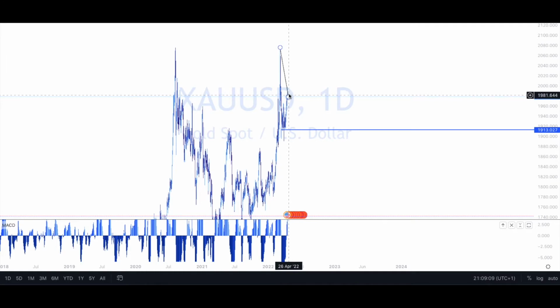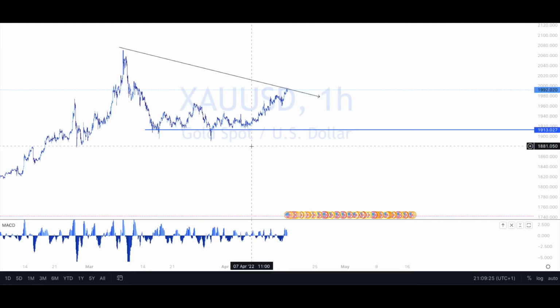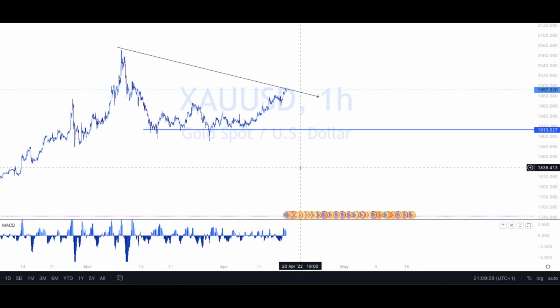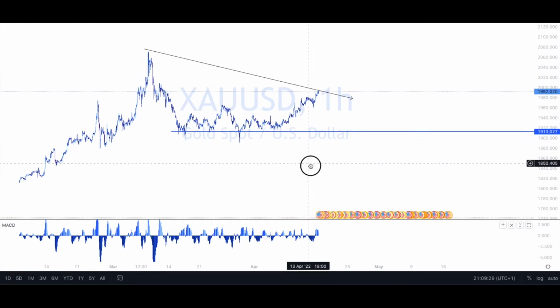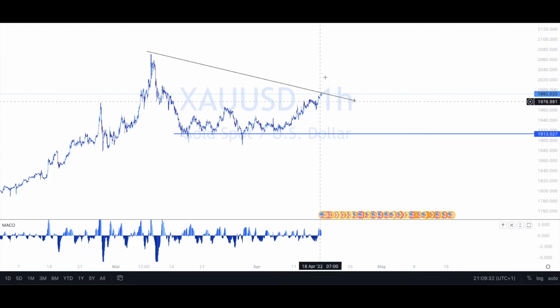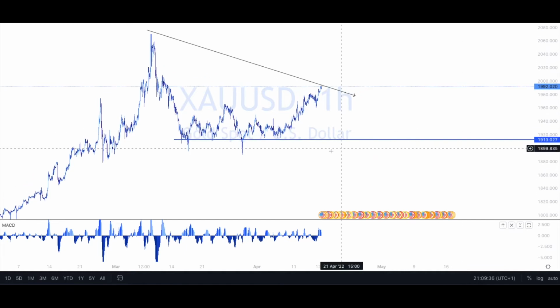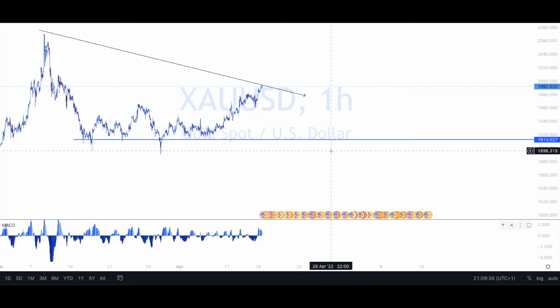What that tells me is that there is a very good chance the price could push up, because this is a lower high, but at the same time it could pull down. So what I'm going to do now is hit the play button and see what price does. Let's zoom in a little bit so we can get a better look.